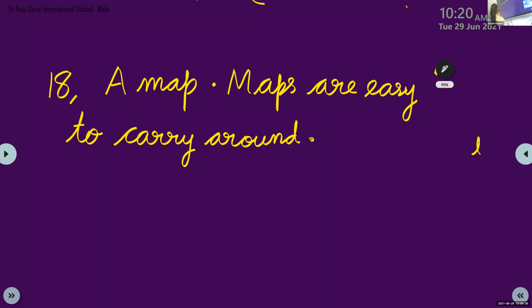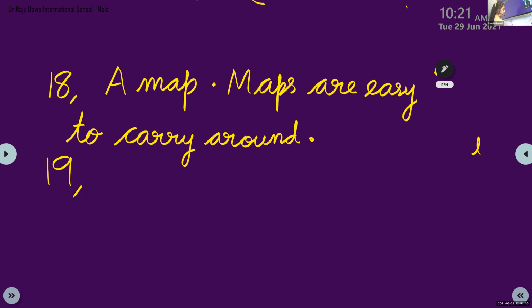Number 19, question number 19. Listen to the question carefully again. Two friends, Rima and Abdul, were working on an assignment on maps. Rima wanted to locate capitals and other important cities of India on the map. Abdul wanted to show the information related to population density of the country on the map.